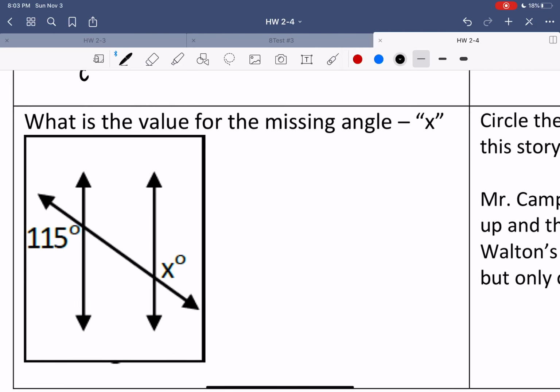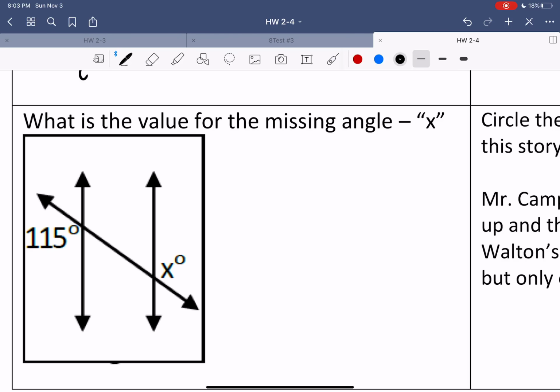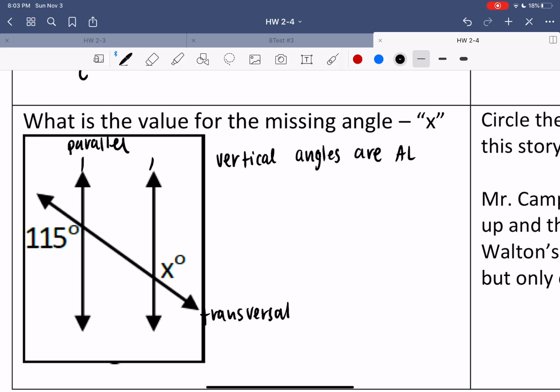Okay, what is the value for the missing angle x? So again, we have these two lines that are parallel. And here's our transversal. And if we're looking for x, vertical angles are always congruent.